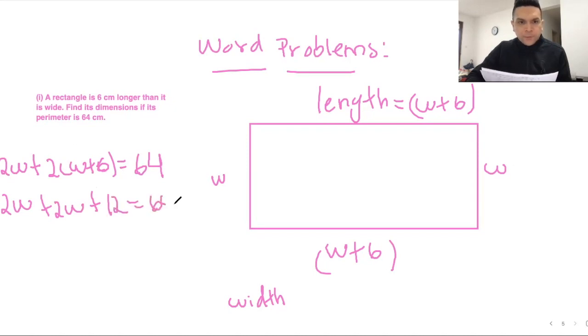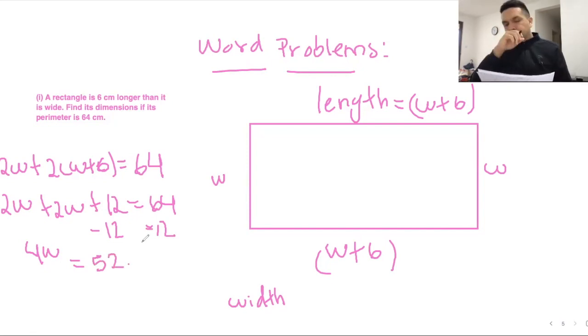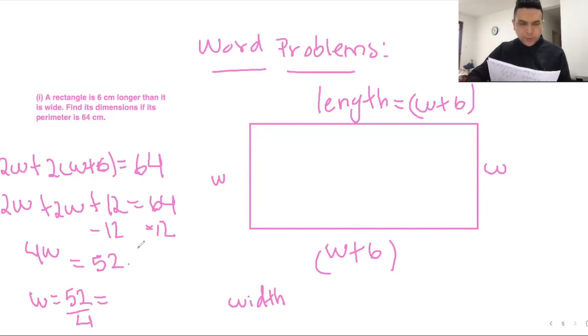equals 64. And then this will be 4W. And then I can subtract 12 from both sides, and that's going to give me 52. Okay, and then I can divide by 4. And that'll be 52 divided by 4 equals 13.